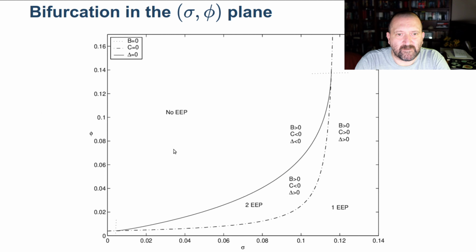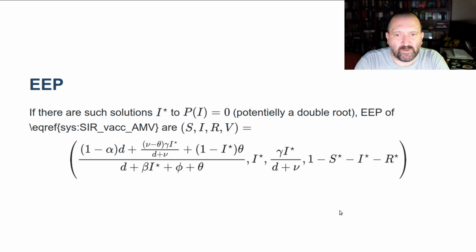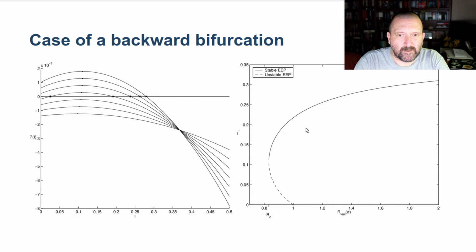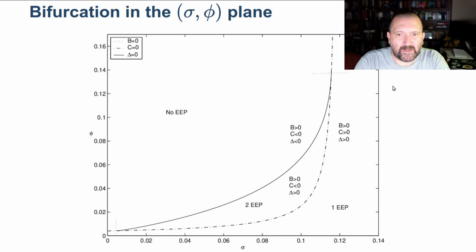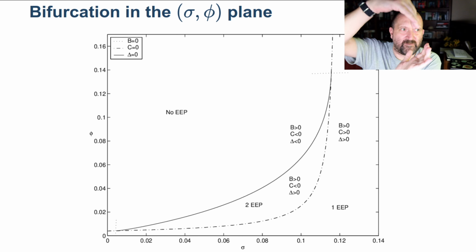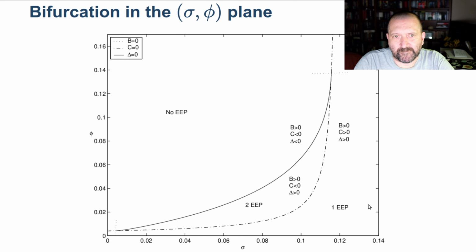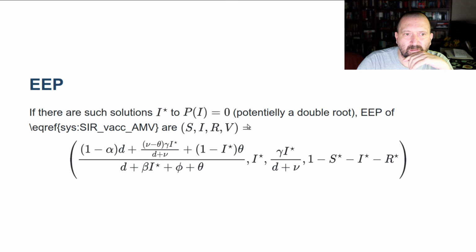There's a region where we have a single equilibrium point, which is here. And then there is a region where two equilibria coexist. And along this line is where we have a single equilibrium, so where that curve goes this way.